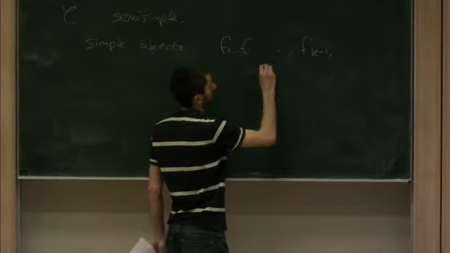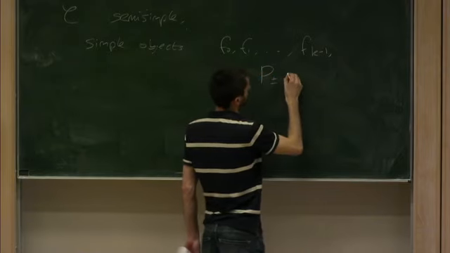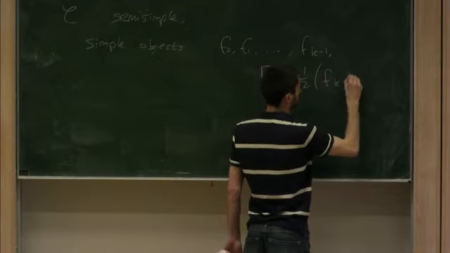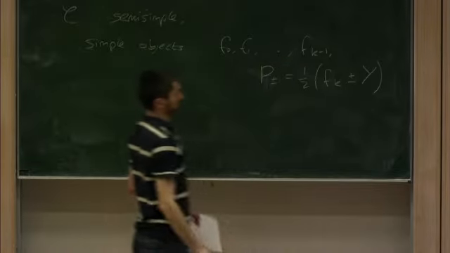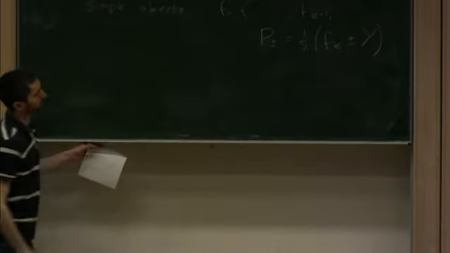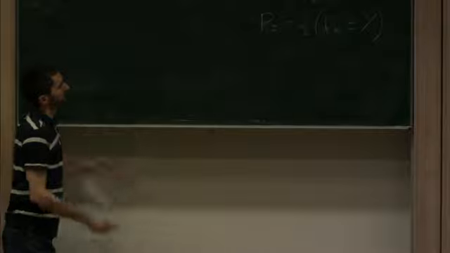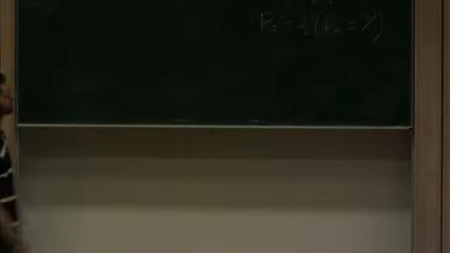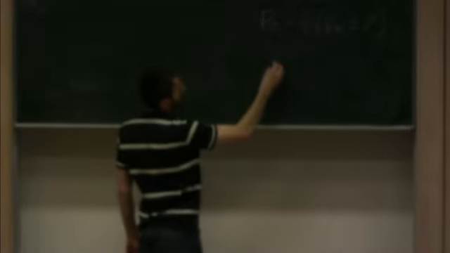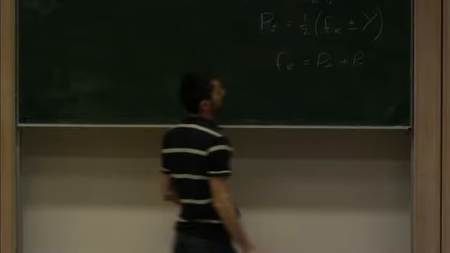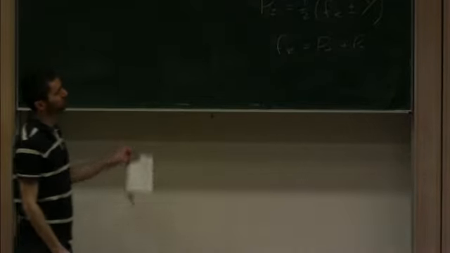And then in the kth space we have two simple objects, mu and mu prime. So f_k, the old one, which was a simple object, now is split into two simple objects.